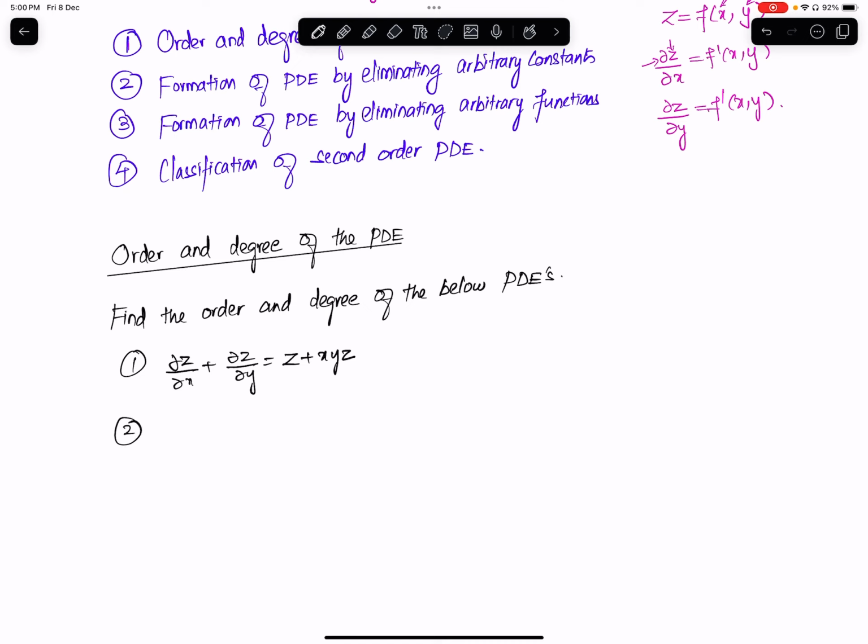The second one, let me give directly from my mind: dou square z by dou x square plus 4 dou square z by dou y square equal to 4z.